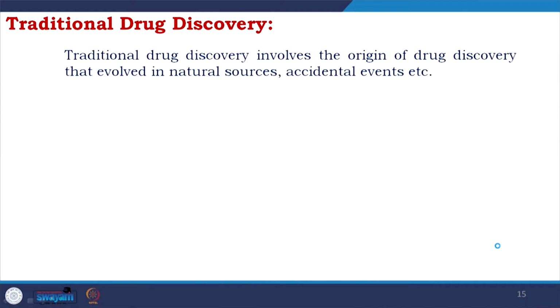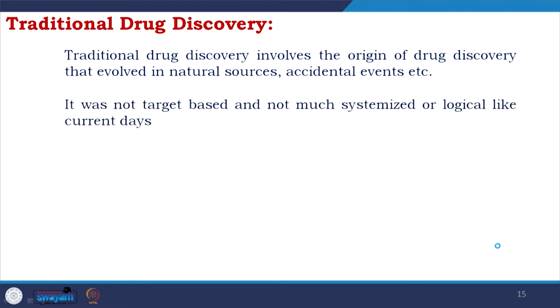Traditional drug discovery involves the origin of drug discovery that evolved from natural sources, accidental events, etc. It was not target based and not as systematized or logical as in current days.